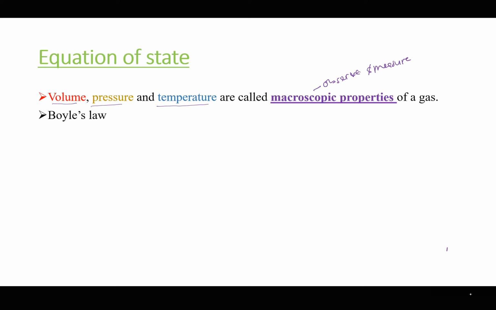Boyle tried to investigate the relationship between volume and pressure of a fixed mass of a gas, and from his experiments he was able to verify and prove that the volume of a fixed mass of a gas is inversely proportional to its pressure, provided the temperature is held constant.